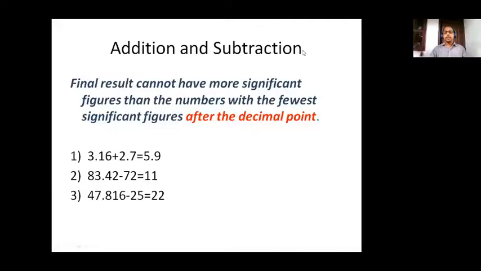In the case of addition and subtraction, the rule is like this. The final result cannot have more significant figures than the numbers with the fewest significant figures after the decimal.